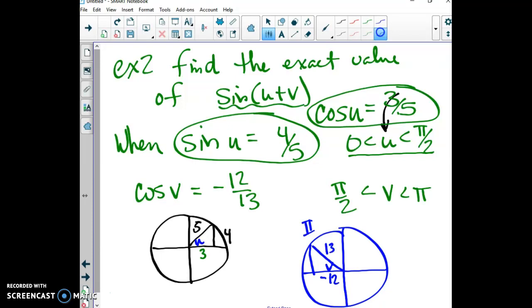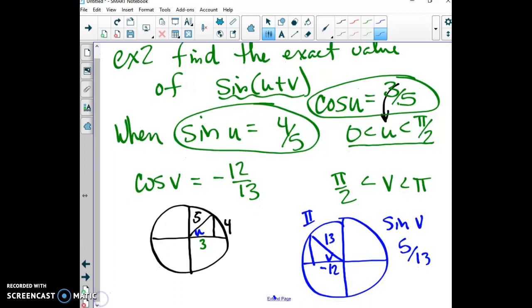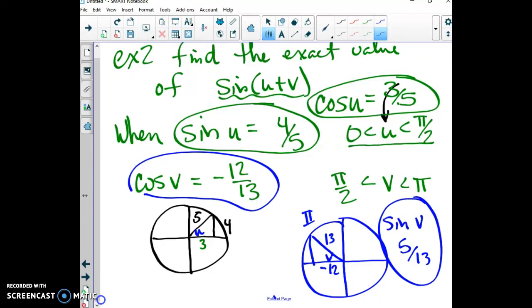12/13. So we can conclude from that our sine of v is 5/13. And sine is positive in the second quadrant. From there, we're going to go ahead and use the information that we have just figured out. We've got cosine v, sine v.